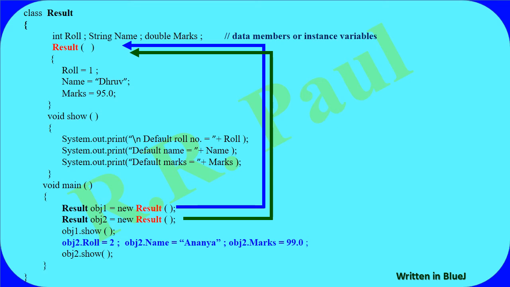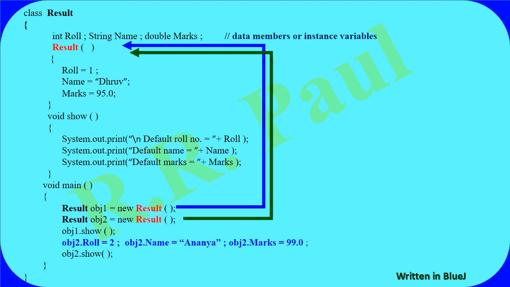The class name is result, the constructor name is result, the data members int role, string name and double marks, which are non-static. So when the object or objects are created, these data members will get attached with those objects and start occupying the different memory locations.